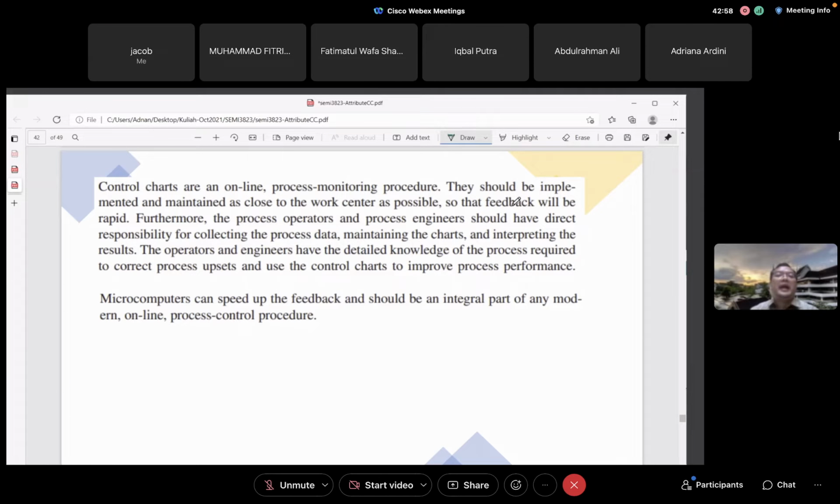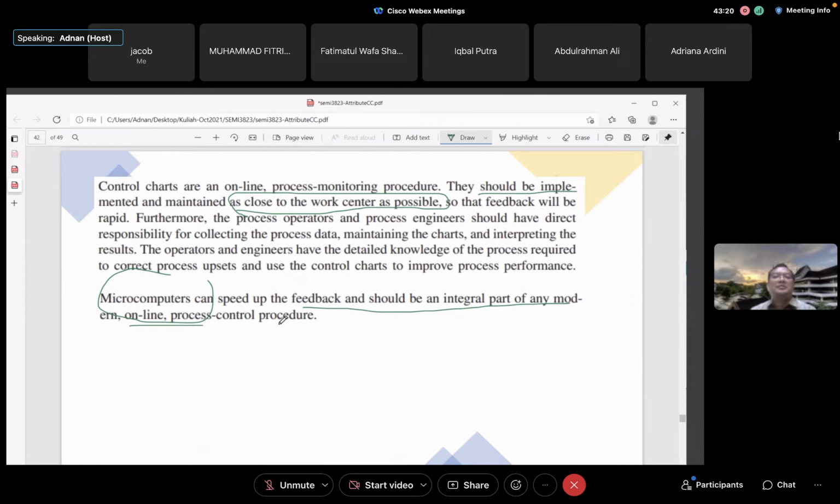They should be implemented and maintained as close to the work center as possible. That means, if possible, this control chart should be at the process point, not at a later stage where it is too late to do any corrective action. Microcomputers can speed up the feedback and should be an integral part of the modern online system.